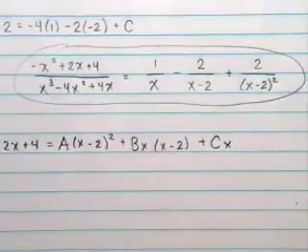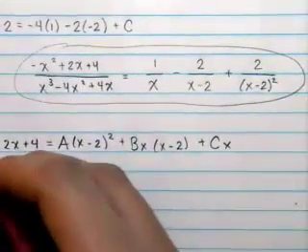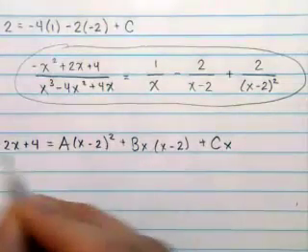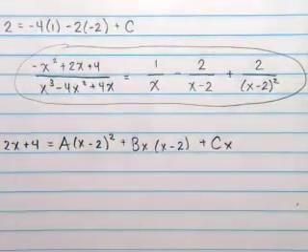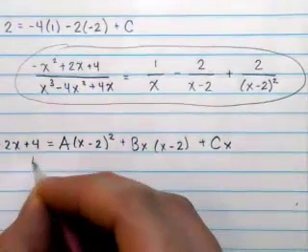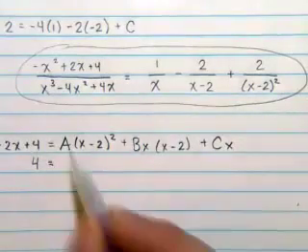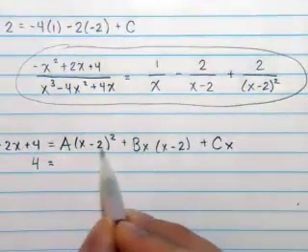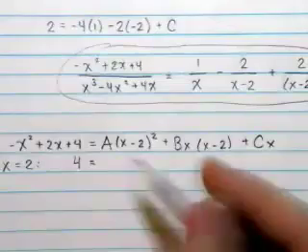If I were to put in a 2 inside of this thing, I would have -2 squared plus 2 times 2, and then plus 4, so it'd just be 4, right? So I'd have 4 equals, what would happen to this term right here? It's completely gone, right? 0.